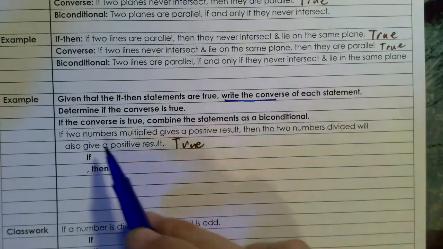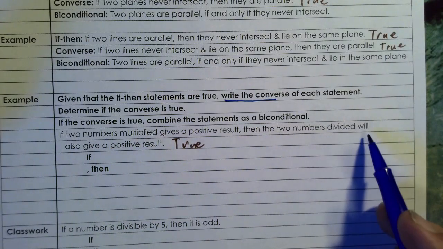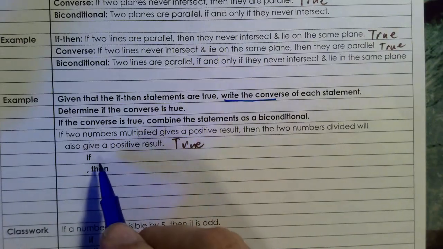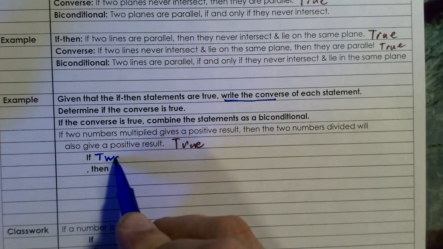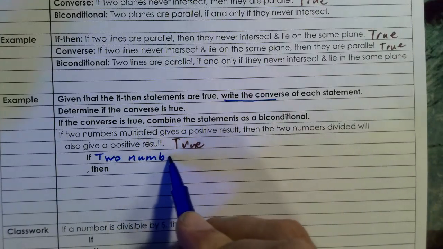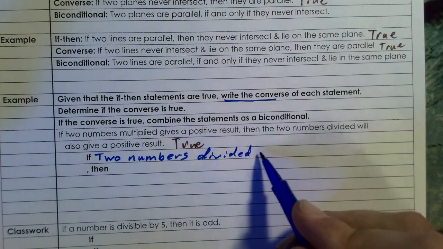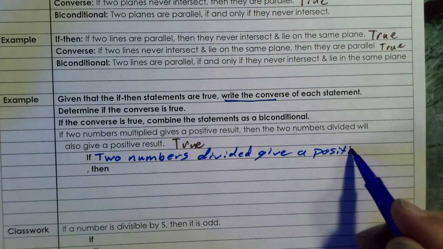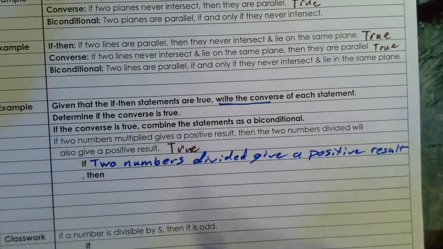So write the converse. We've got to take the if. Two numbers multiplied together gives a positive result. Then the two numbers divided also give a positive result. I'm going to get rid of the also when I write the if. So if two numbers divided give a positive result, then the two numbers multiplied gives a positive result.